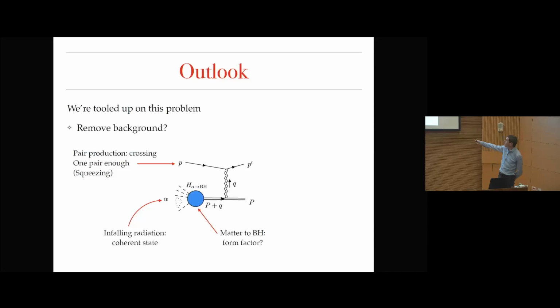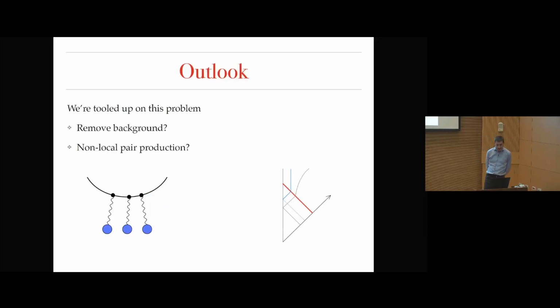So here, all the particles are emitted independently. They exponentiate in a similar way. This is what's called squeezing in quantum optics. It's also enough to consider one graviton exchange, because we know from this work that when you add up many gravitons, it's just going to exponentiate. So that's sort of taken care of.